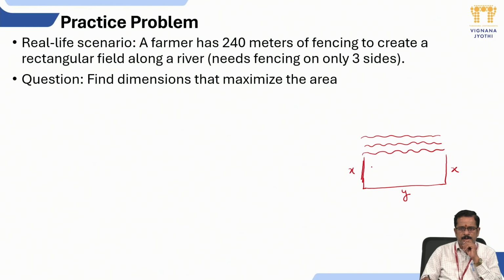One side is the river, and the remaining three sides are given fencing. It's a rectangular field.